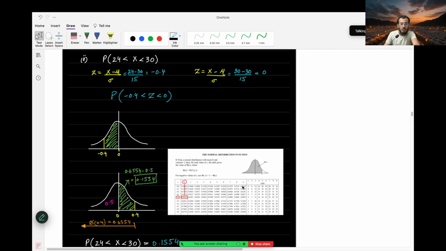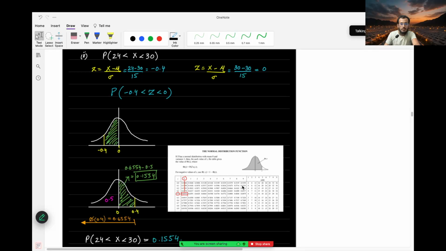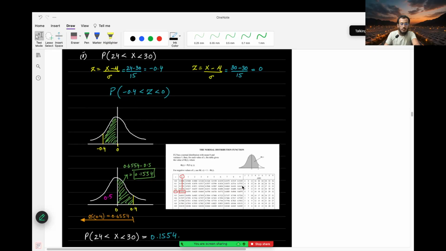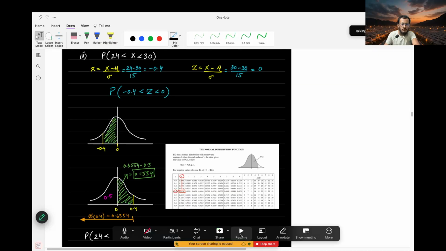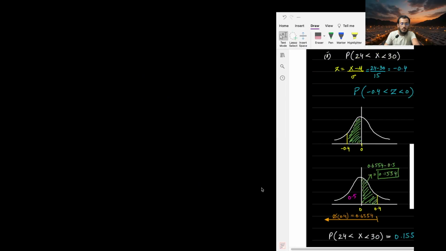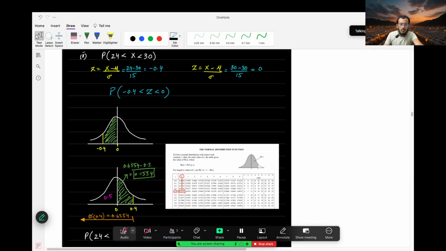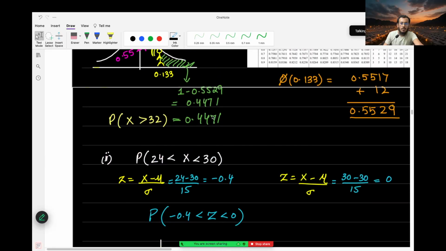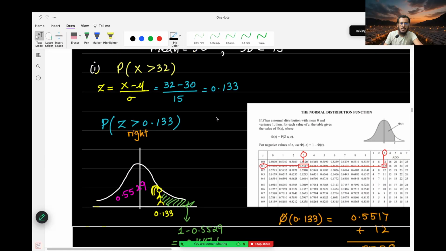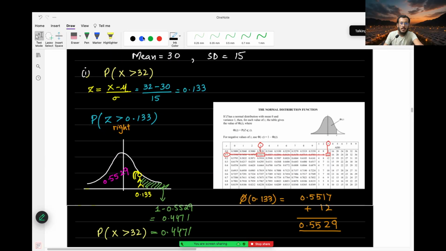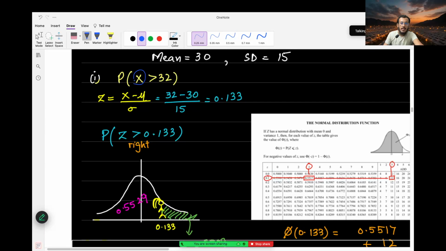I think you're wrong. Okay, so what were you doing in the previous questions? Here you replace the x with z.